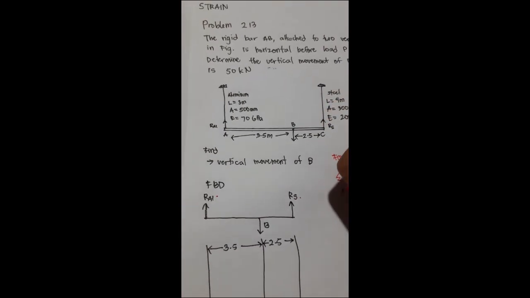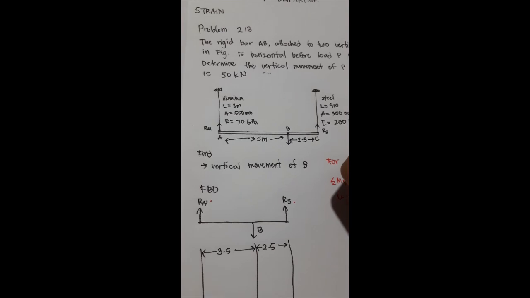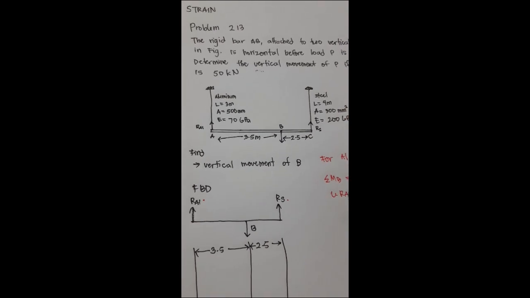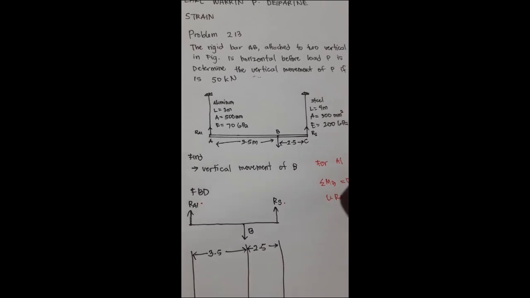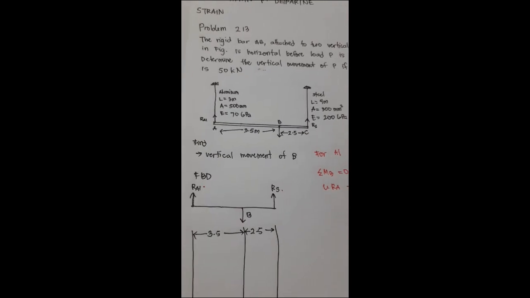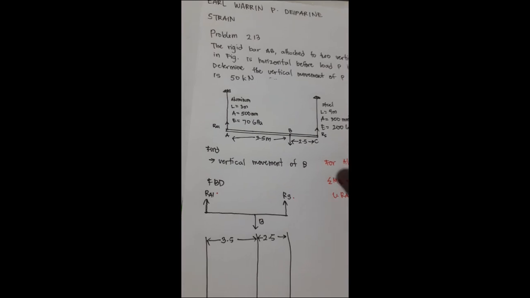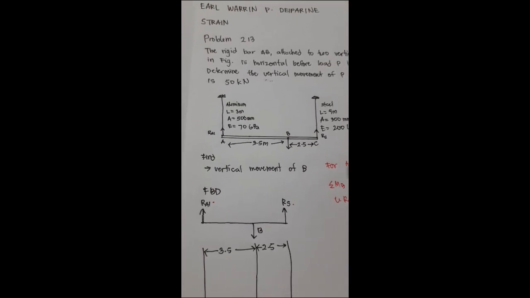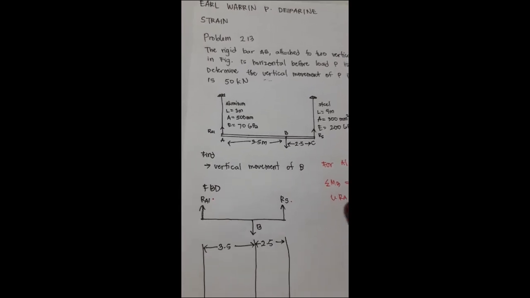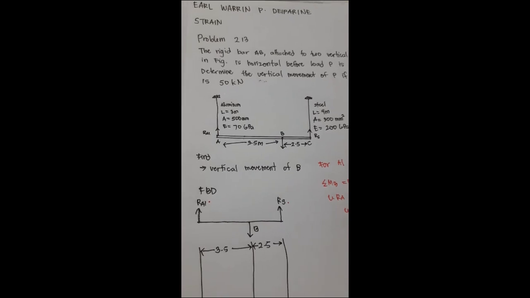We have moment arm 6 RA minus distance 2.5 times the magnitude 50 is equal to 0. We have there 6 RA is equal to 125.